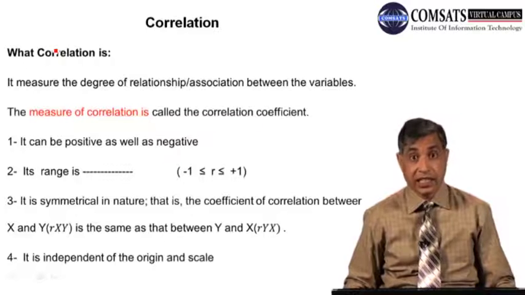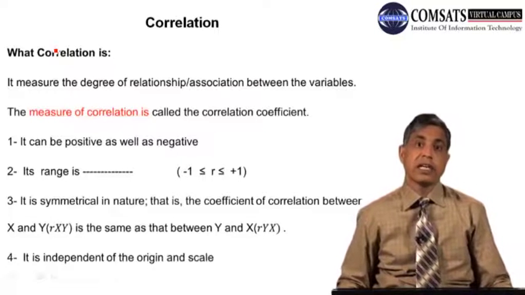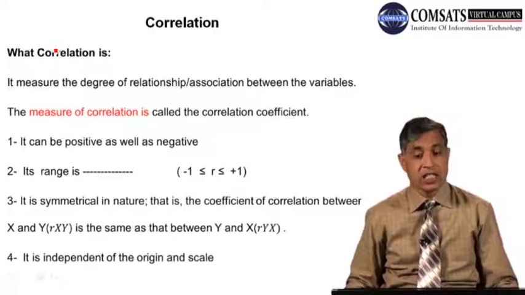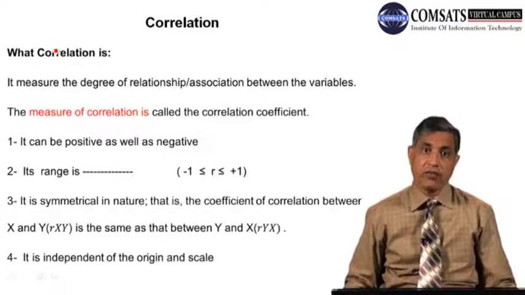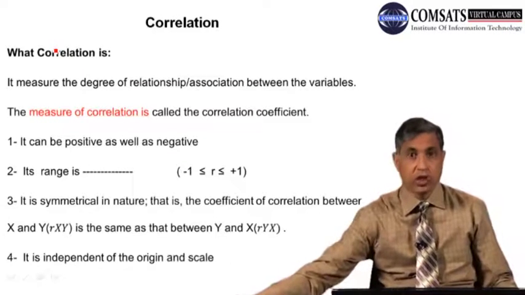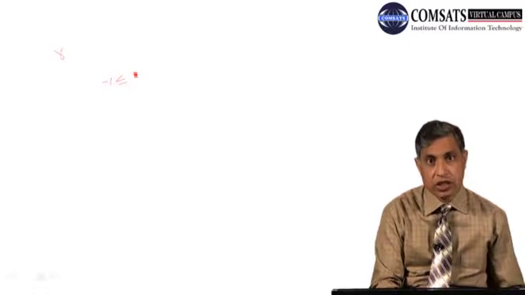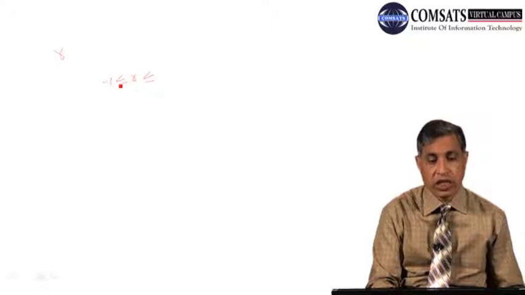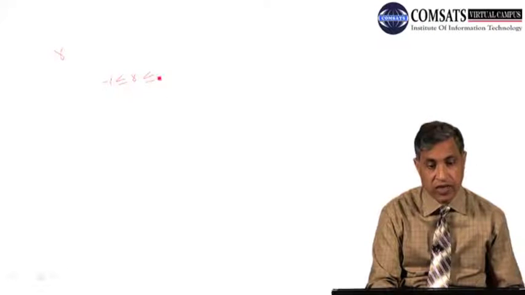But it has a certain range, as probability ranges between 0 and 1. Similarly, the coefficient of correlation ranges between -1 and +1. So its range can be written as: -1 ≤ r ≤ +1.